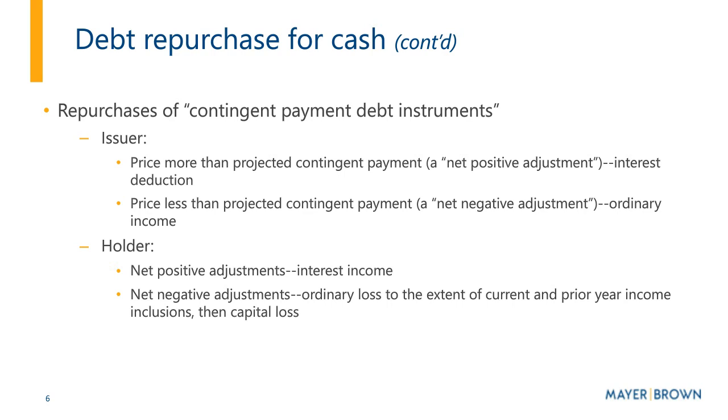So the issuer will have phantom deductions, their original issue discount deductions, to the extent you have a contingent payment debt and you are able to deduct the interest at the comparable yield. The holder has to include that in income at the same time, so there's mirror image treatment. So these, you may or may not see these. We see these a lot with financial institutions who issue contingent payment debt.